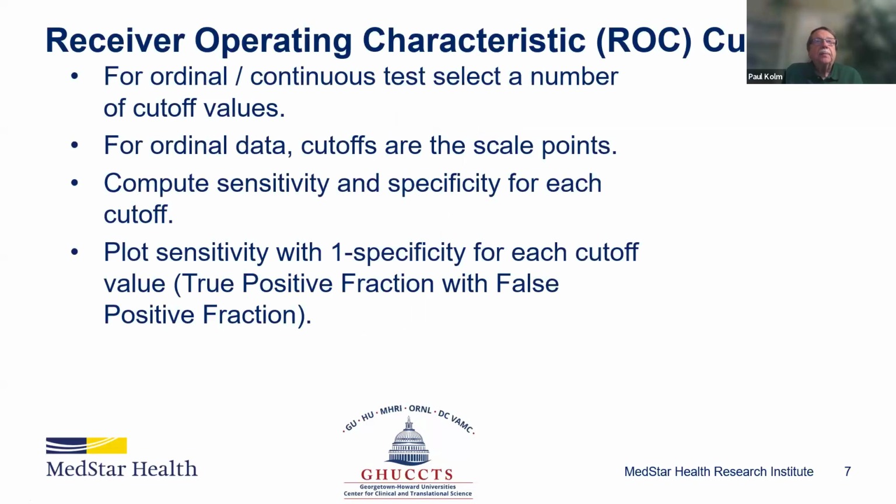So for ordinal data, a rating scale, the cutoffs are the actual scale points. If you have a 5-point scale, then we're going to look at sensitivity and specificity at each cutoff. And then we're going to plot sensitivity against 1 minus specificity for each cutoff value, that is, the true positive fraction plotted against the false positive fraction.